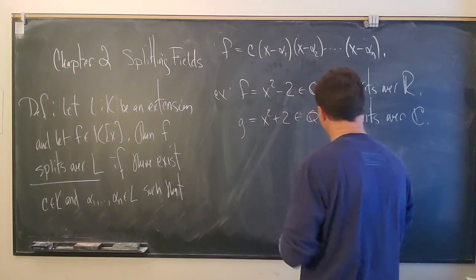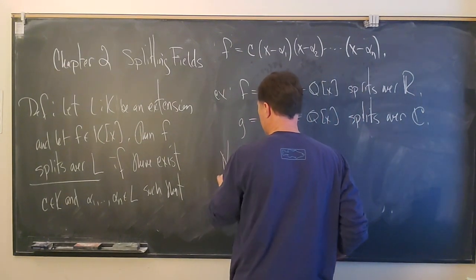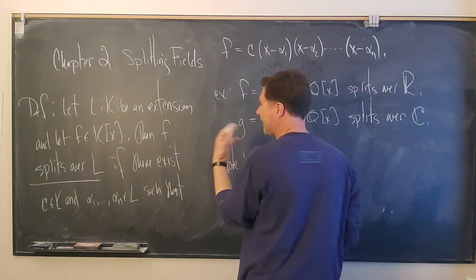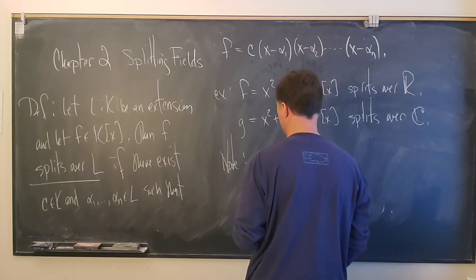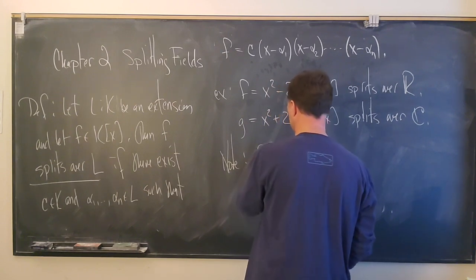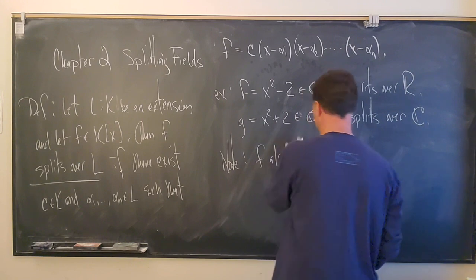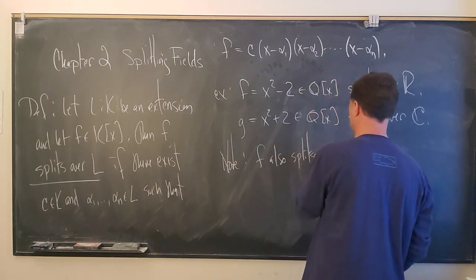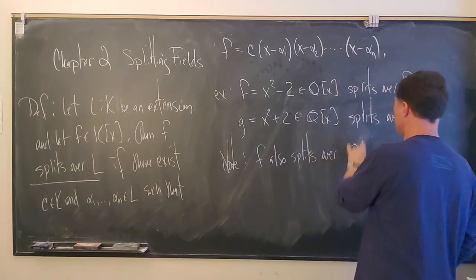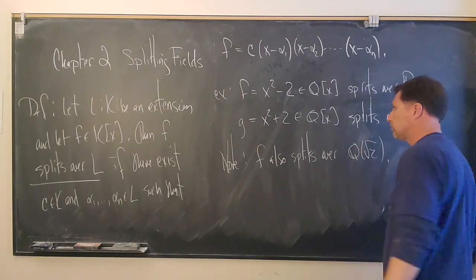And here's a sort of key observation also. I don't know how key it is, but let's just note that f also splits over Q adjoin root 2.